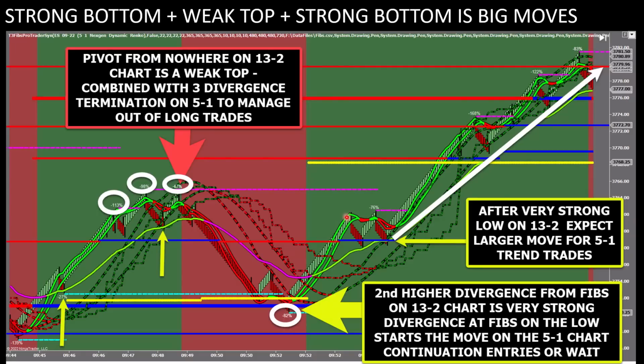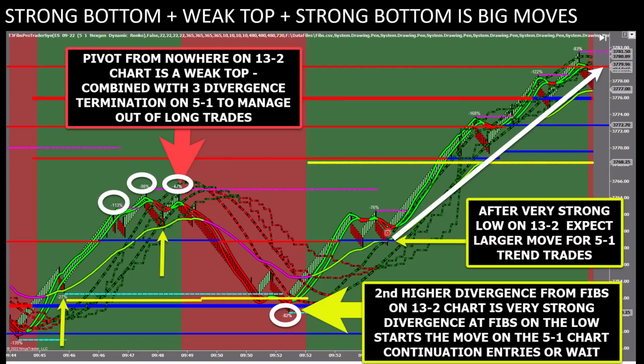And then ultimately, this was the pullback, either here or here, that generated that 5-1 trend trade rules being true, that gave you, as a bare bones minimum, from here up to here. But you can see there was never a termination condition on the 5-1 chart all the way up. So if we have one, we have to respect it. And if we don't have one, we can hang on for a little more money, right?